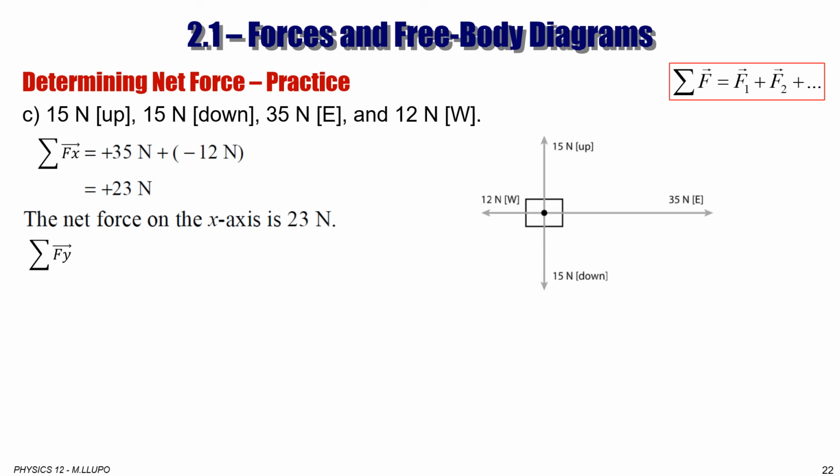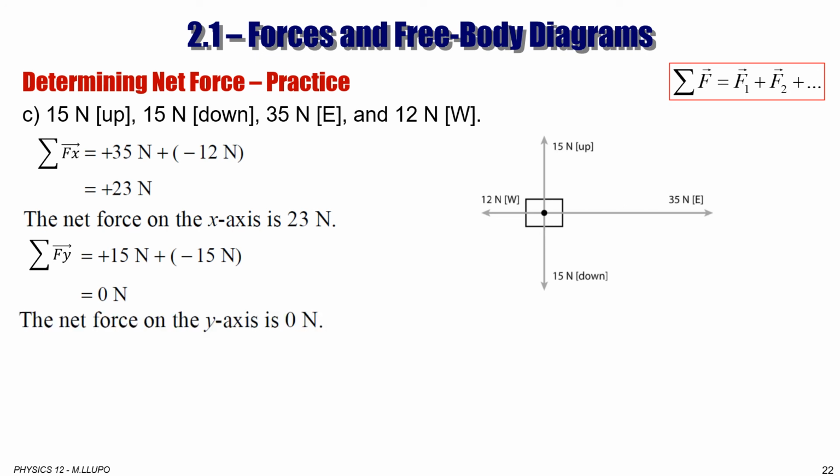And on the y-axis is plus 15 minus 15, they cancel each other, and we have 0. Then the net force on the y-axis is 0, but on the x-axis is 23. That makes the net force on both axes 23 Newton east.